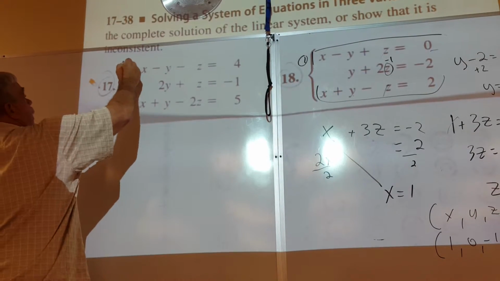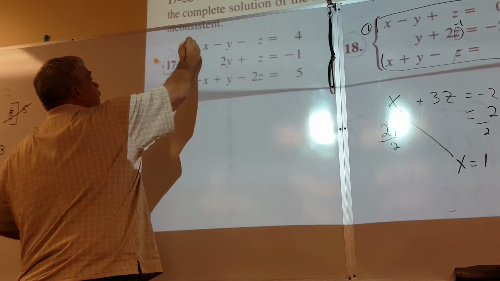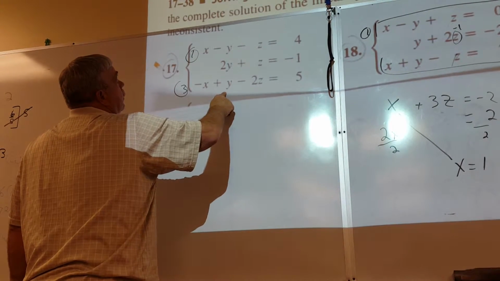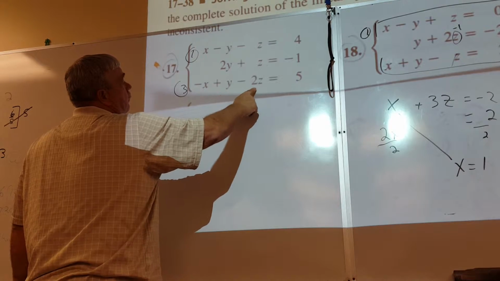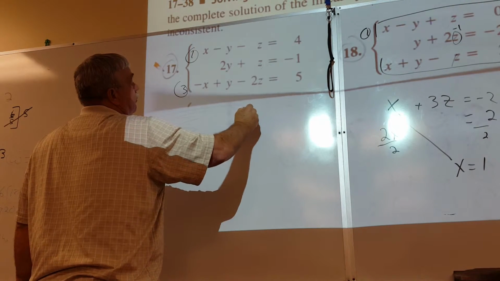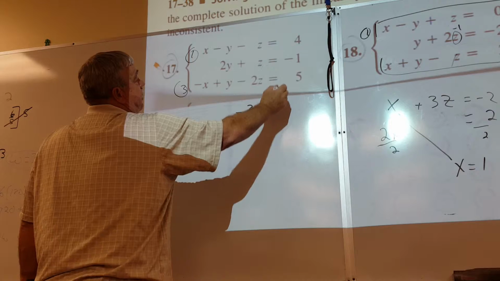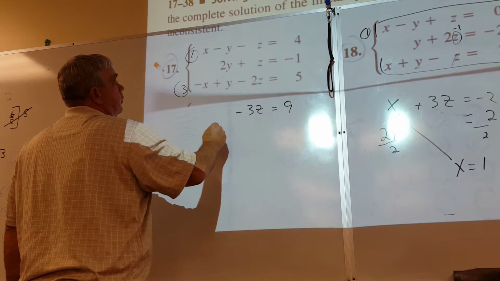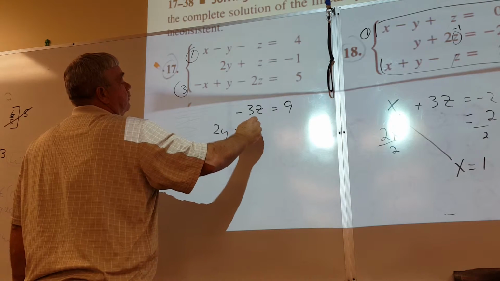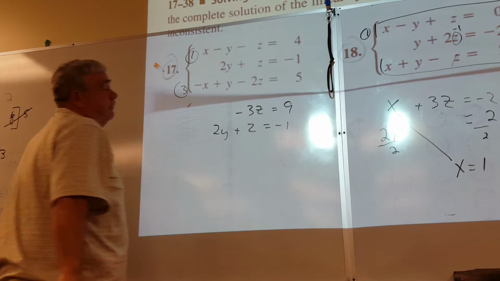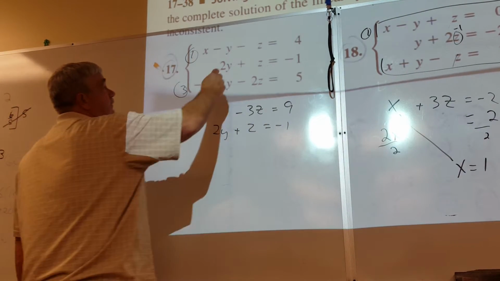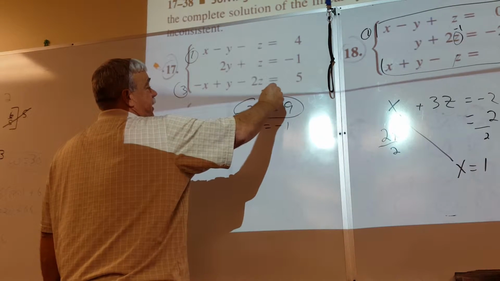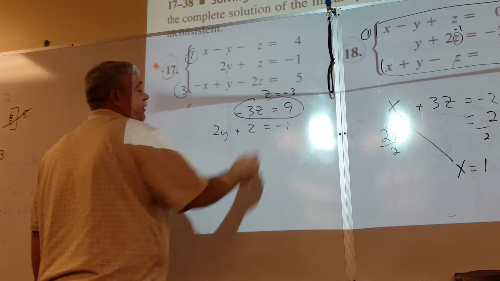If you added 1 and 3 together, these two equations, the y's would go out, and you would get negative 3z equals 9. And then your other equation is 2y plus z equals negative 1. So now 17, like 18, that tells us that z equals negative 3, doesn't it?